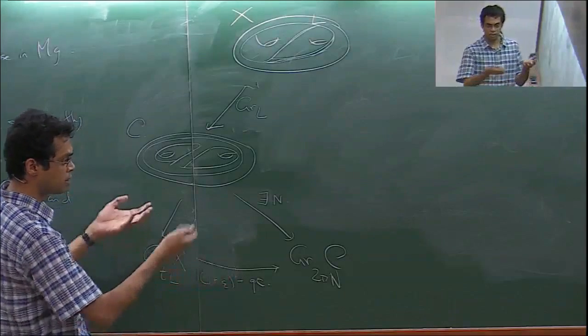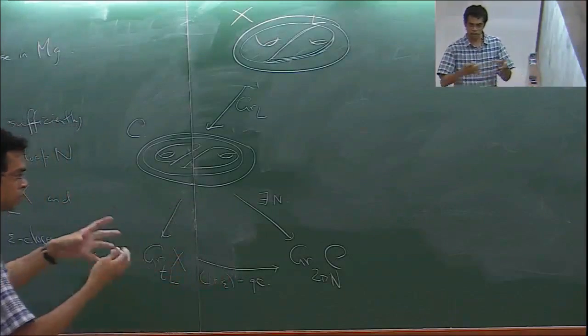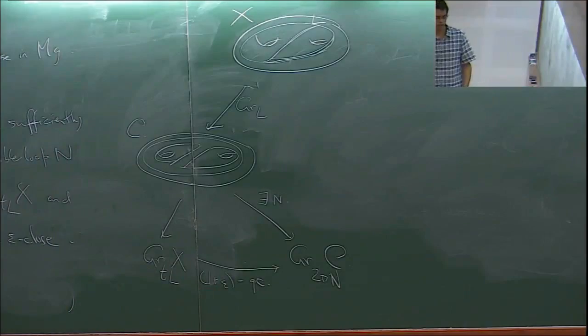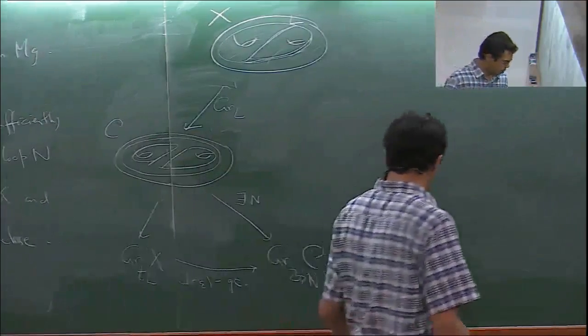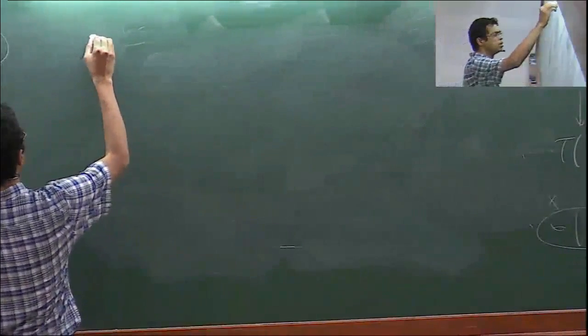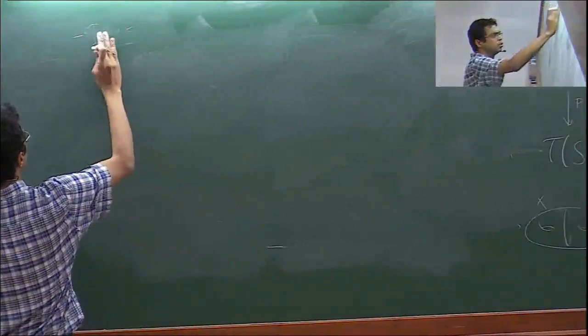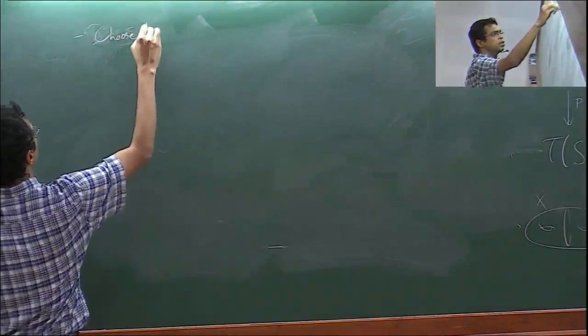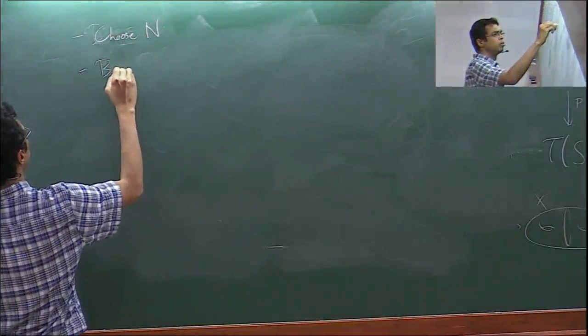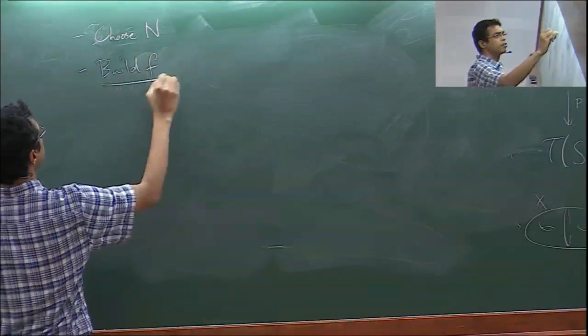This is the notion of distance, the Teichmuller metric in Teichmuller space. It gives the topology in Teichmuller space. I don't have time to say much, but the two things are to choose an admissible loop, and you build this F.